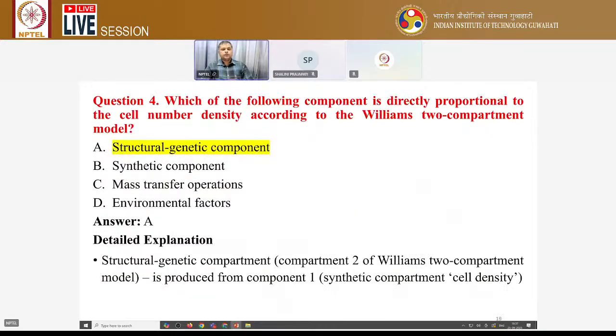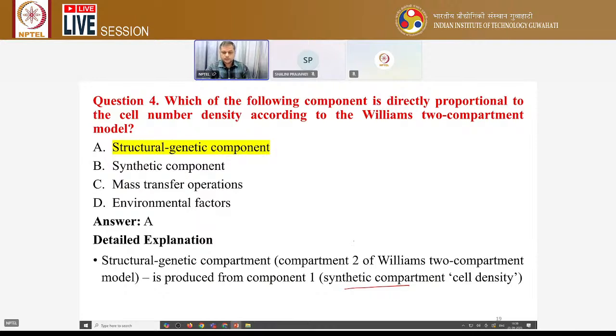Now the next question: which one of the following components is directly proportional to cell number density according to Williams two compartment model? You remember the Williams two compartment model? It has the structured component and genetic component: component 1 is a synthetic component, and component 2 is a genetic component.